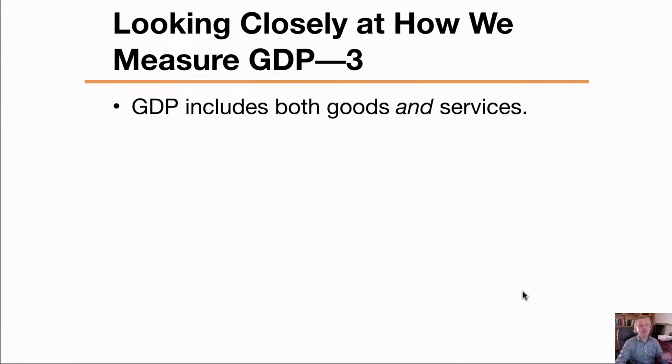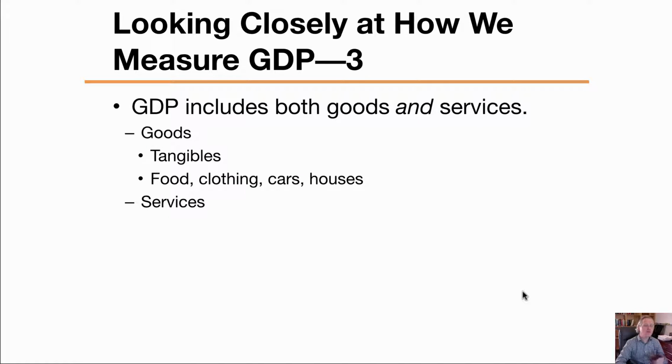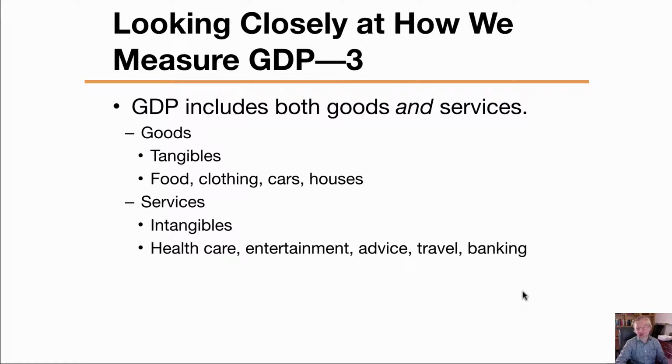So GDP does include both goods and services. It includes things that aren't tangible goods like cars or bushels of corn. It includes food, clothing, cars, houses, and other tangible goods. Services are intangible things: healthcare, entertainment, advice, travel, banking. A lot of the things that we see in modern developed economies actually occupy a whole lot of the economic activity.